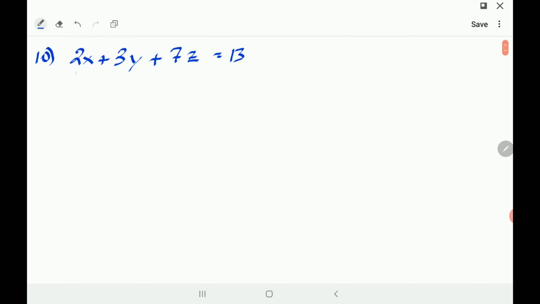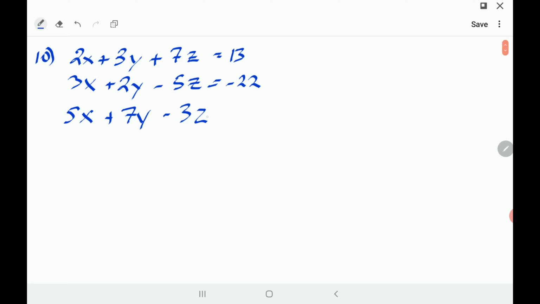And then we have 3x plus 2y minus 5z equals negative 22. And then we have 5x plus 7y minus 3z is equal to negative 28.